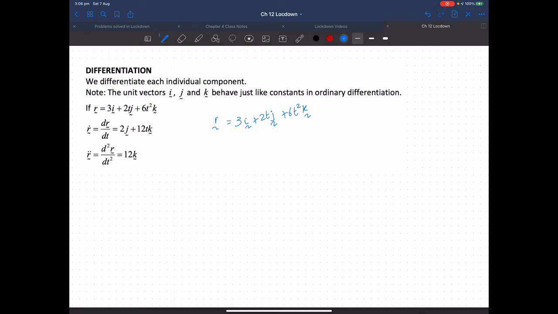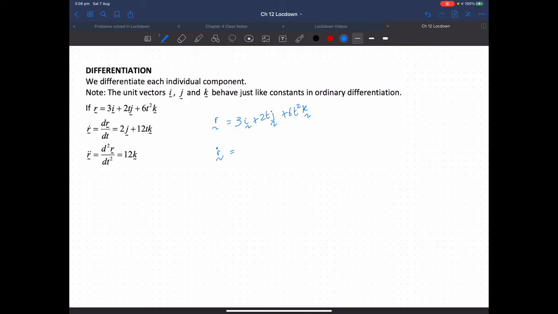So what I'm going to do is differentiate that. The way I'm going to write that is r with a little dot. That means derivative of vector r. So the derivative of 3 is 0. So what's happened is the i component has gone, just like if I had plus 3 in a polynomial I was differentiating, and I differentiated 3, that's 0, so it's gone.